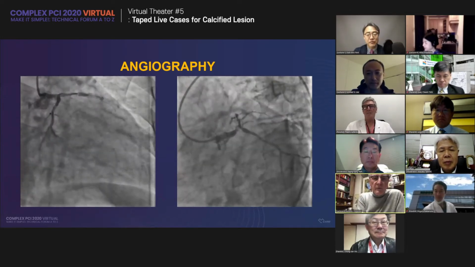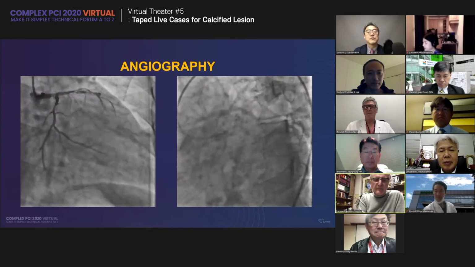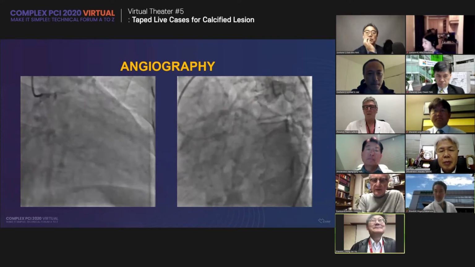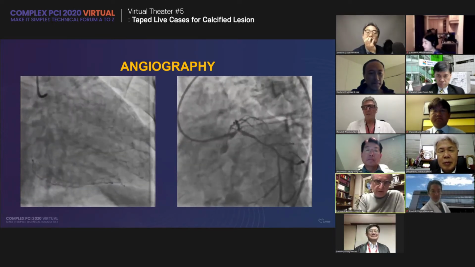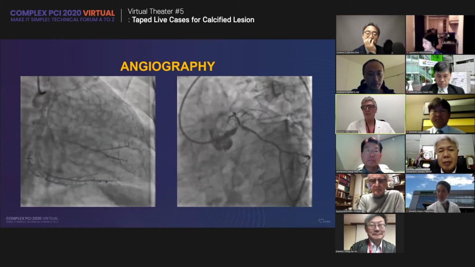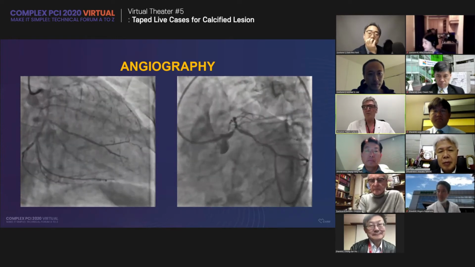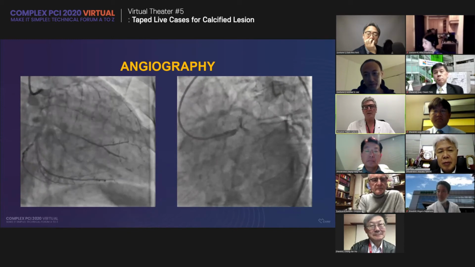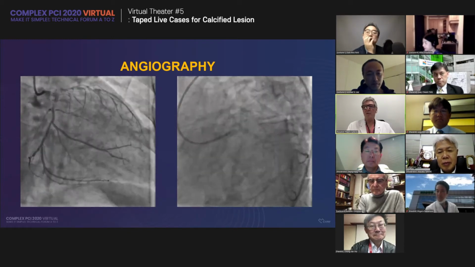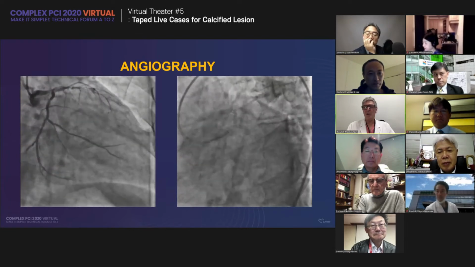It depends how I get the LAD after. I should be able to get a reasonable result on the LAD, because the lesion looks 1-0-1 according to Medina. So in this case, you can go from left main to circ and then do provisional in the proximal LAD.